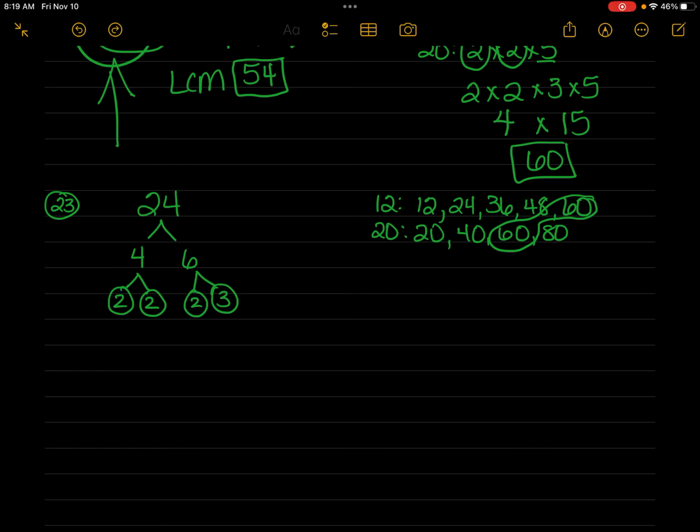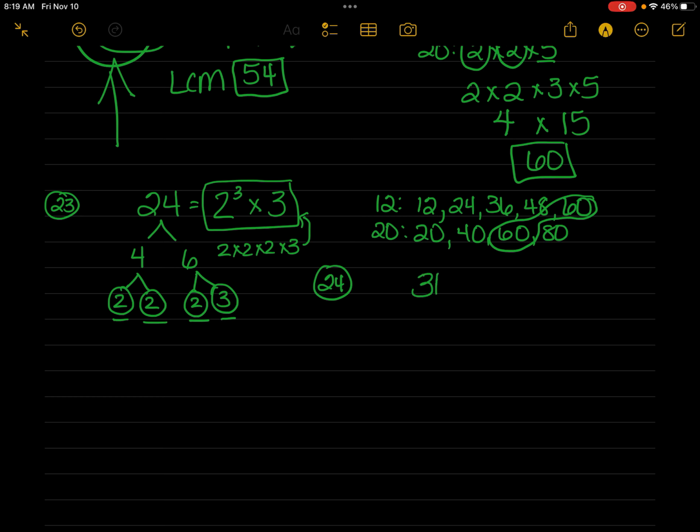I have everything circled. There's no more branches. So 24 is 2 to the third power times 3. And those are all my answers. Now, some of y'all are still writing it out like this, and that's okay, but I'd like to see exponents written.